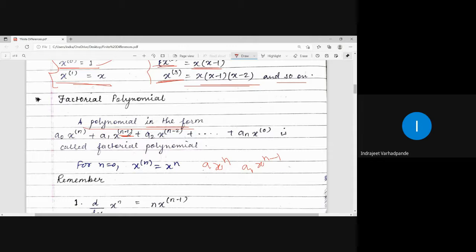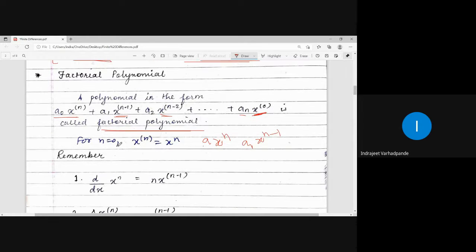It will be a factorial polynomial. A polynomial of the form a0 x to the power n factorial, a1 x to the power n minus 1 factorial, a2 x to the power n minus 2 factorial, and so on, plus an x to the power 0 factorial, is called a factorial polynomial.